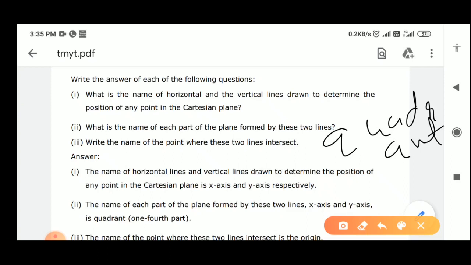First quadrant, second quadrant, third quadrant and fourth quadrant. I have written the answer here, you can see. In short you will write it.